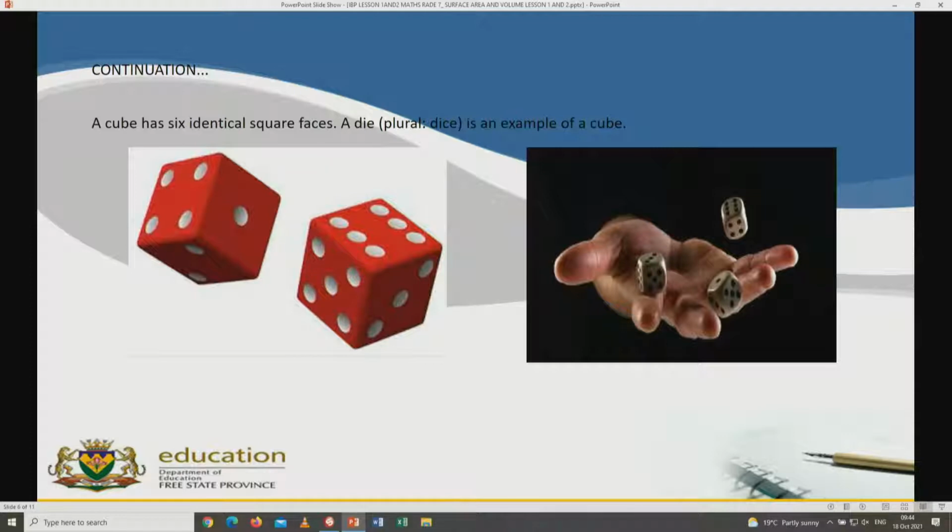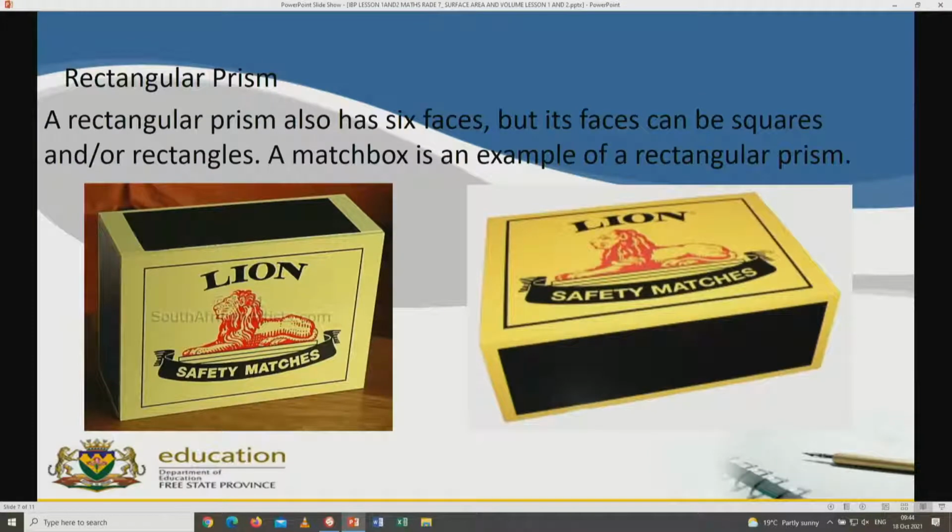A cube. Now we are going to move on to the next one, because we said our focus for today is the surface area of cubes and rectangular prisms. Now let us have a look at the second one. I'm sure you have seen this kind of box.